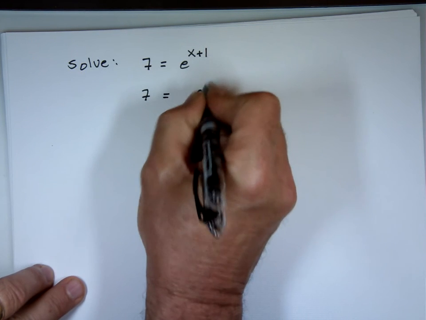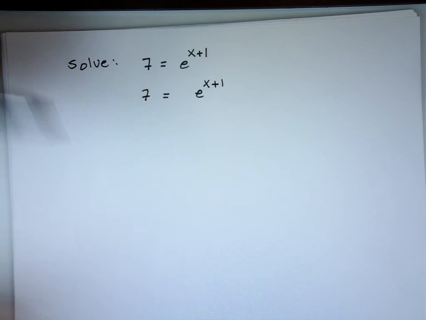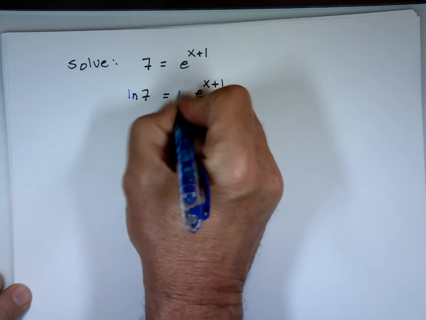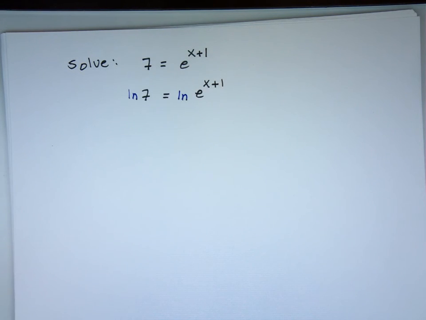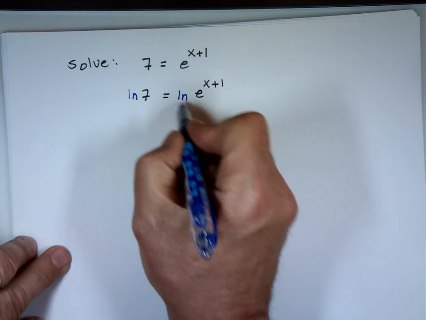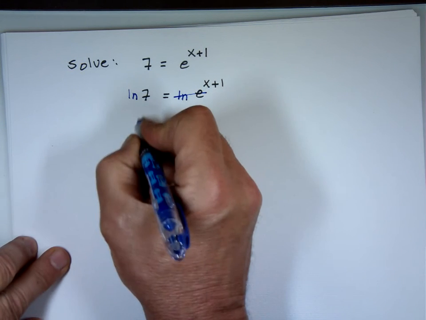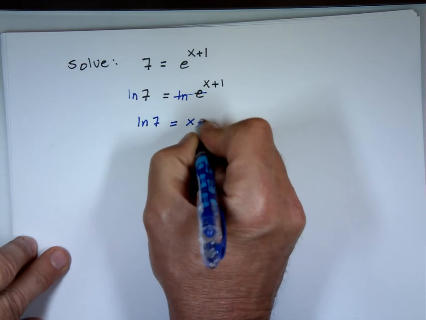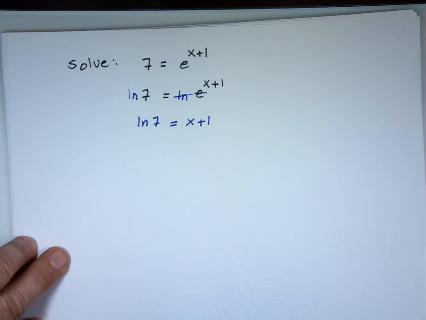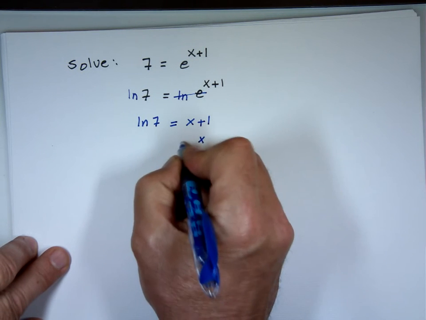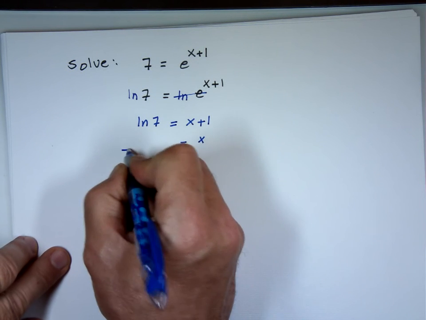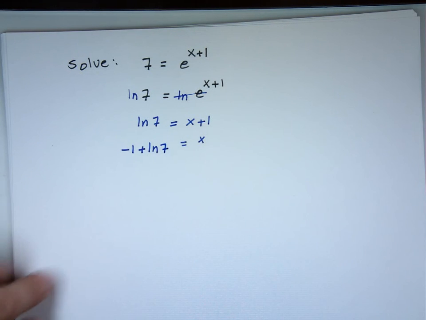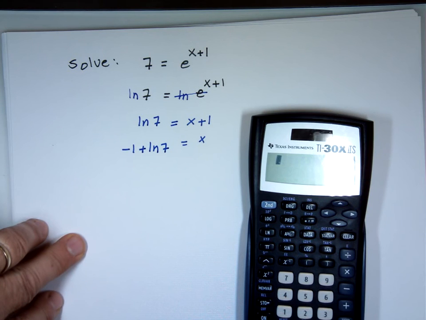Since I have e to the power, what I'm going to do is take the natural log of both sides. The natural log and e will cancel each other. The natural log of 7 equals x plus 1. To solve for x, take the plus 1 to this side, it becomes minus 1 plus the natural log of 7, whatever that number is. Minus 1 plus the natural log of 7.